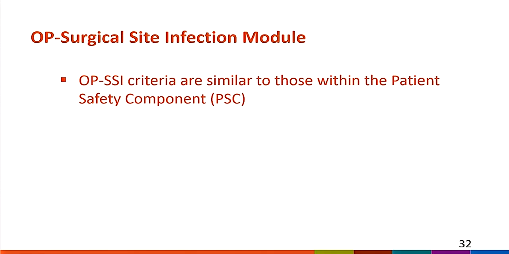The OP SSI criteria are similar to those found within the patient safety component, the SSI protocol. There is a general SSI criteria that will be used for infections related to all of the operative procedures except breast surgeries. And there is a breast surgery infection criteria that will be used only for breast surgery infections.